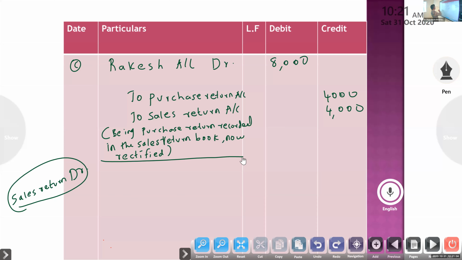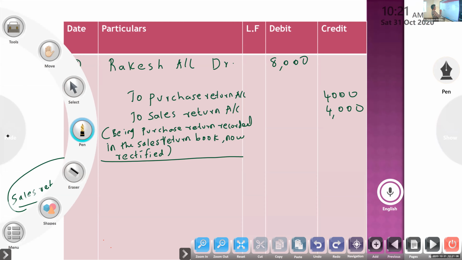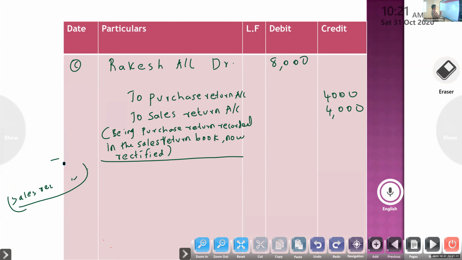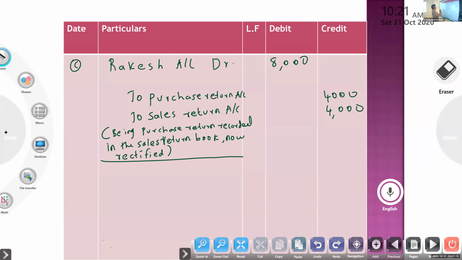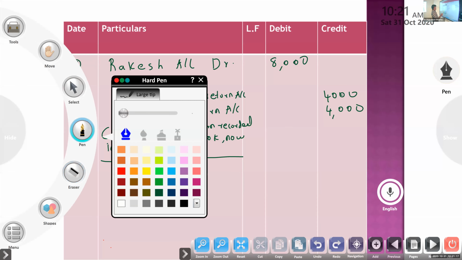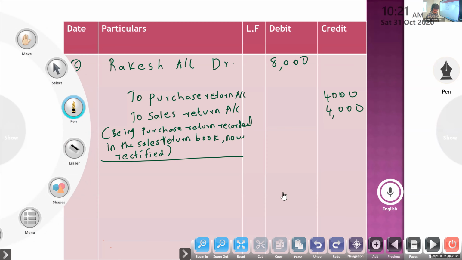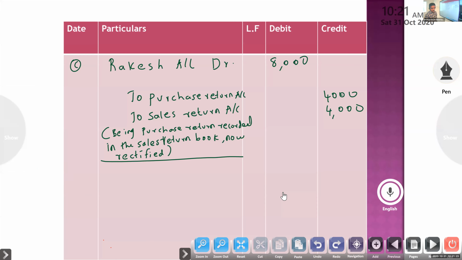Next, goods returned from Mahesh were recorded in purchase return book.